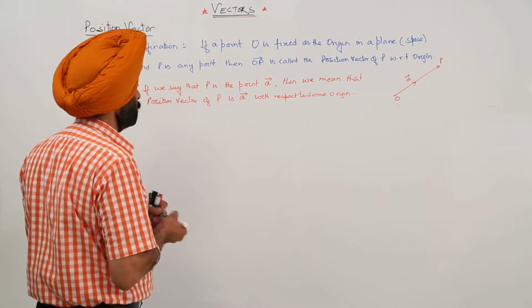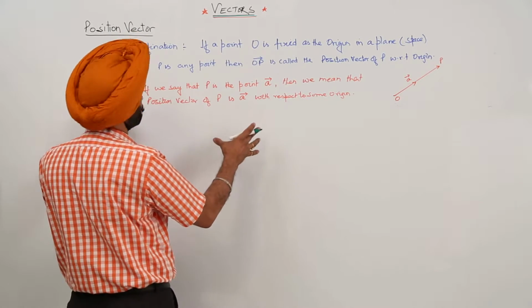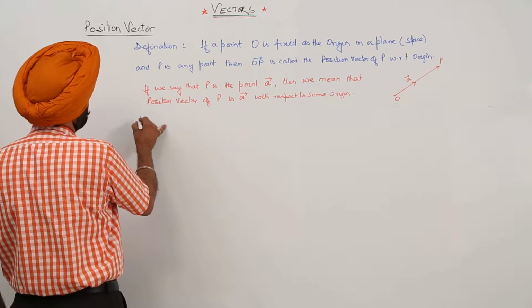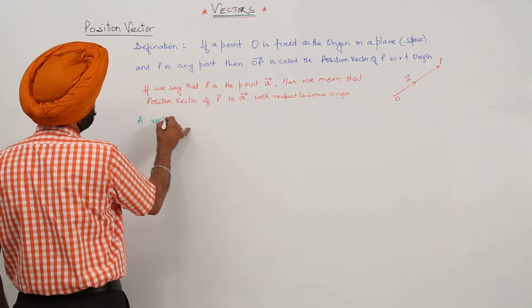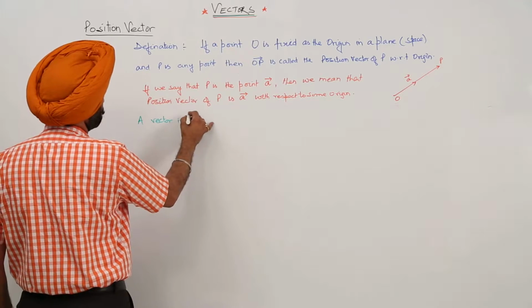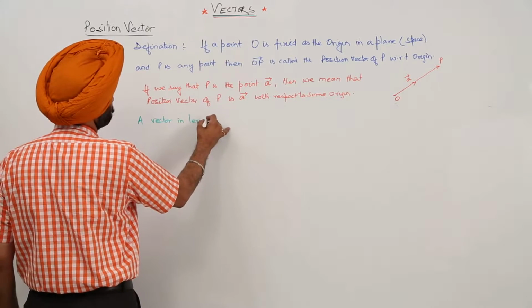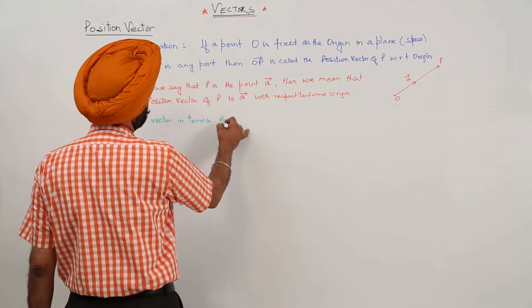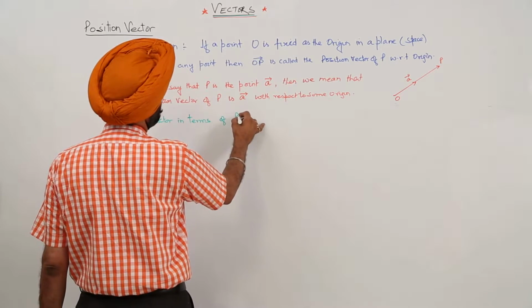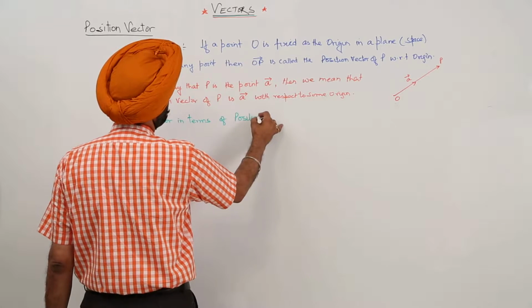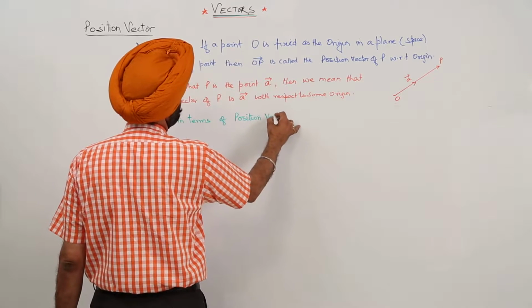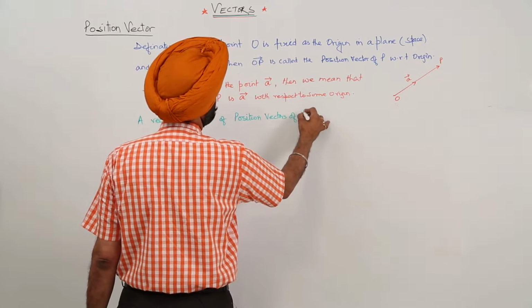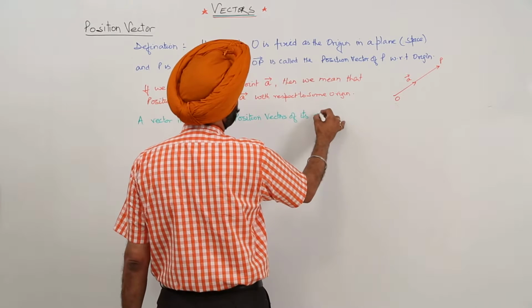Now after the definition of the position vector, we are having a vector in terms of position vectors of its endpoints.